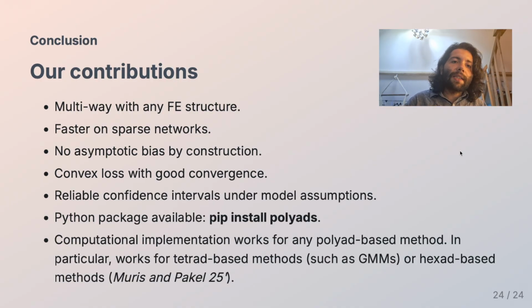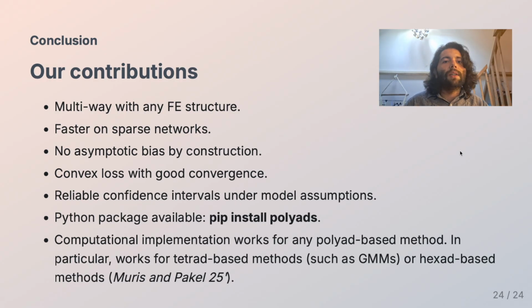Indeed, it's faster on sparse networks when compared to PPML. We have no asymptotic bias by construction. We have an interesting loss function with good convergence. Our confidence intervals are reliable, at least under model assumptions, but also as we deviate, as we see in the negative binomial, we have experiments showing that it's also reliable.